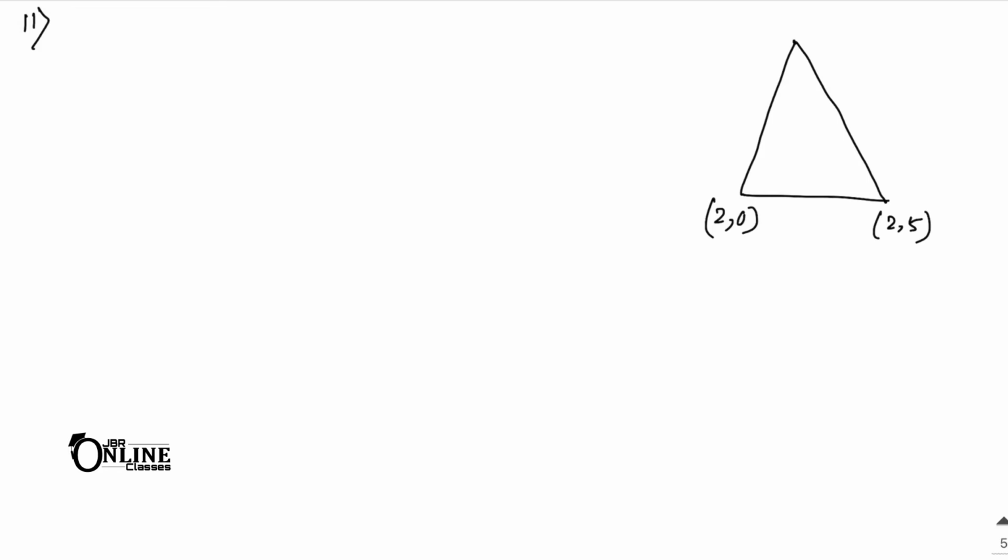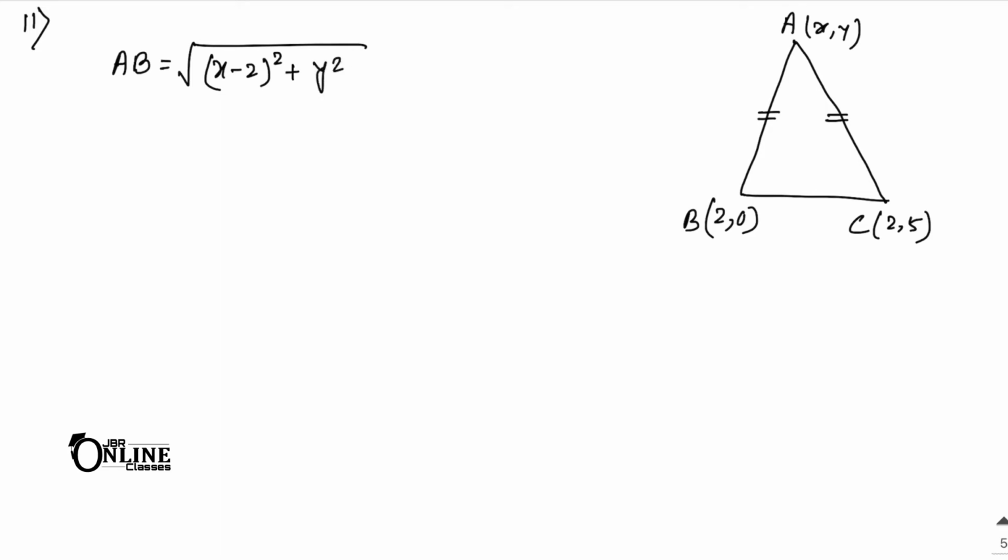So that means here the upper one will be (x, y). So as triangle ABC, that means here these two sides are equal. The length of AB is equal to the length of AC. Okay, and both are 3 units. So now if you find out the length of AB, it will be (x minus 2) whole square plus y square.